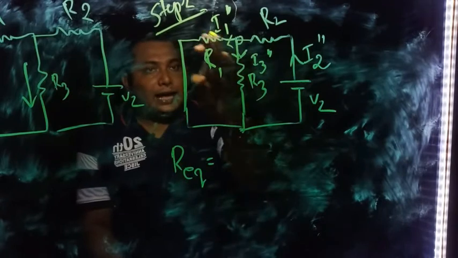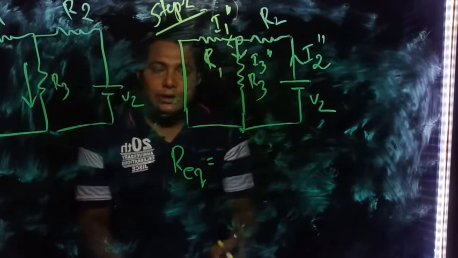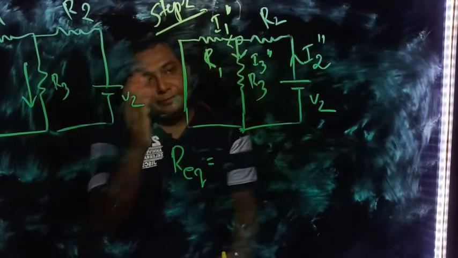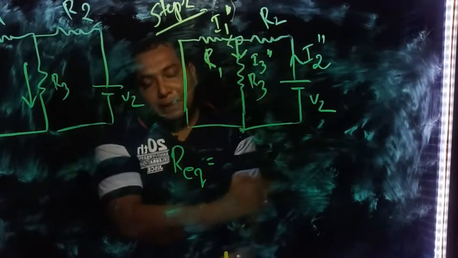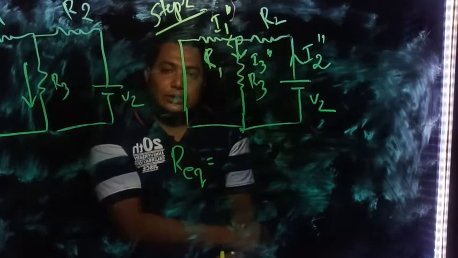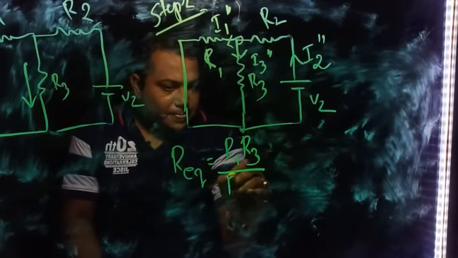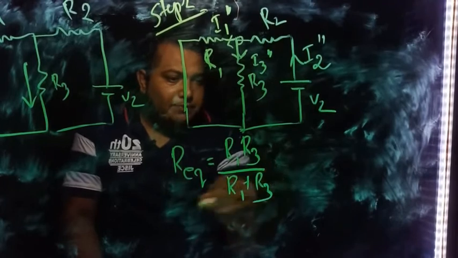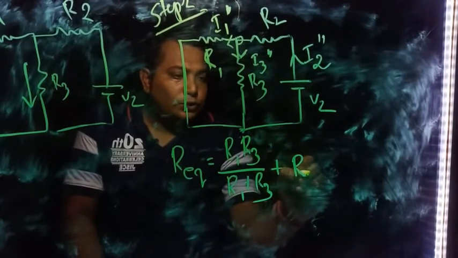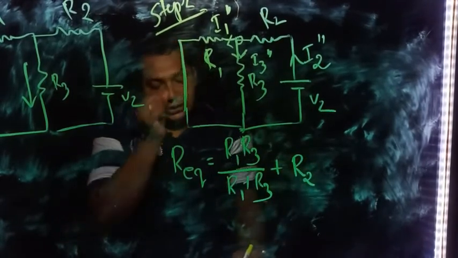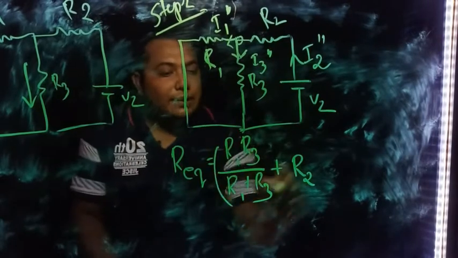As the current divides between R1 and R3, they are in parallel, with R2 in series. So R1 and R3 in parallel, R1 R3 by R1 plus R3, with R2 in series. This is the total equivalent resistance, in ohm.